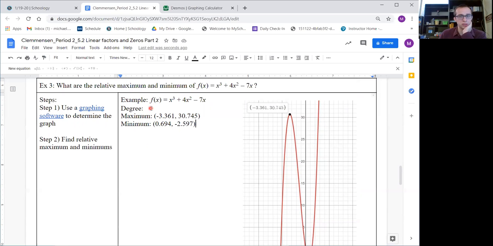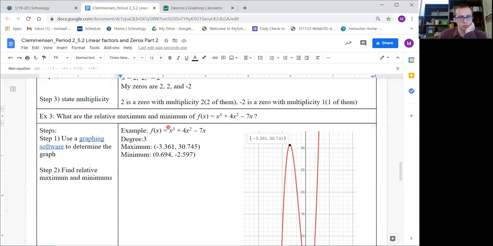Now what you'll find mostly is that degree and the number of maximum and minimum are kind of connected. For the most part, when you have degree 3, you will have a maximum and a minimum. There are some special examples where you won't have that, but for the most part, when you have degree 3, you'll have a maximum and you'll have a minimum.